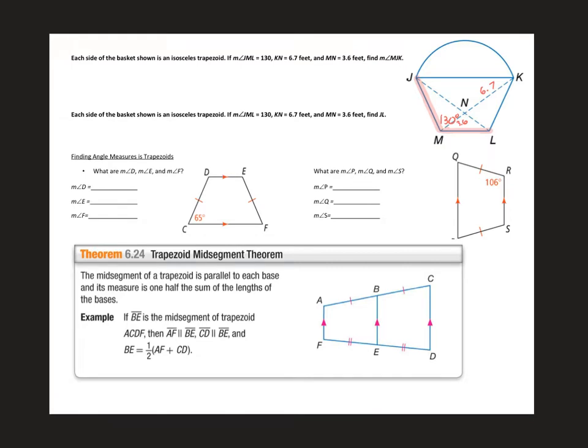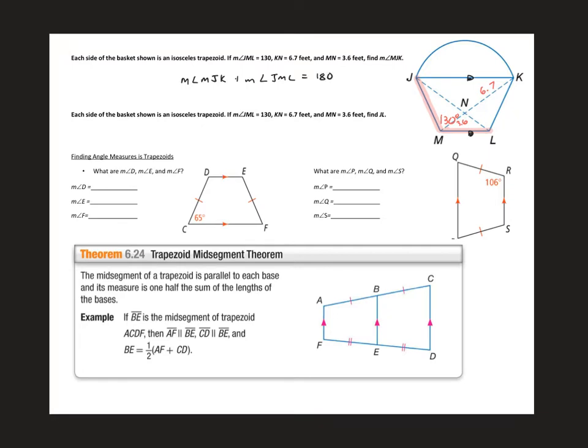Well, when I look at this, I know that this line segment JK and this line segment ML are parallel. Because they are parallel, I have a transversal, which is segment JM. So that means that the measure of angle MJK plus the measure of angle JML has to equal 180 degrees.